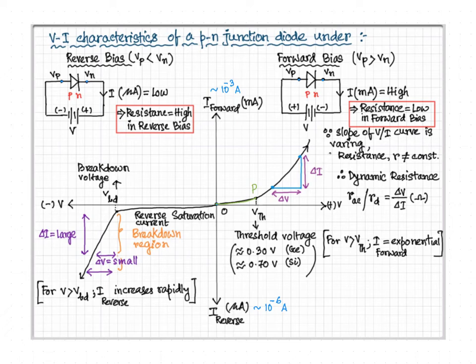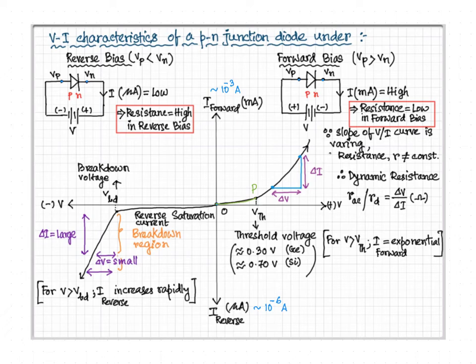It is because as the voltage increases, the depletion region decreases. With the decrease of the depletion region, the current first increases slowly up to a particular voltage called the threshold voltage, denoted by VTH, whose value is around 0.30 volt for germanium and around 0.70 volt for silicon.